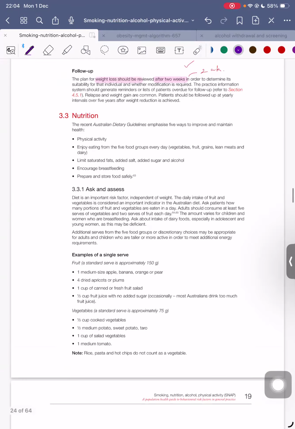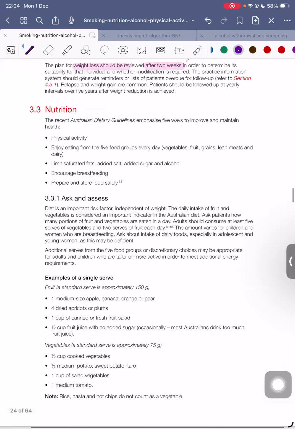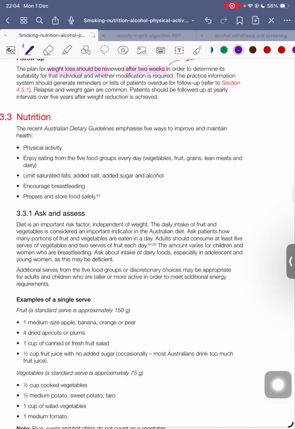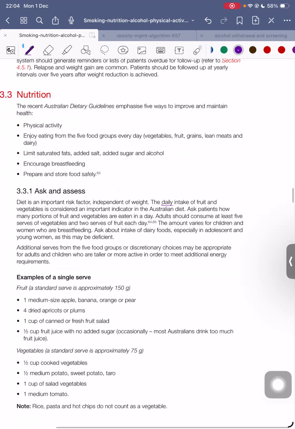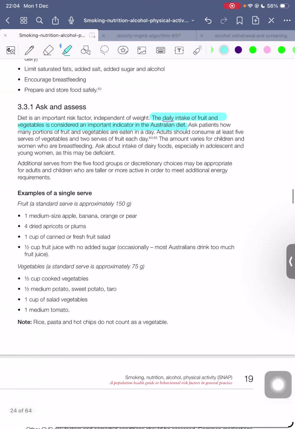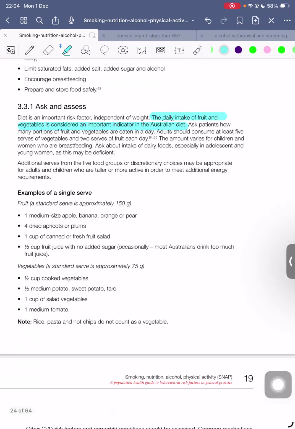First, we have to assess it, right? The daily intake of fruits and vegetables is considered an important part of diet. We all know, so we should assess it, right? So, an example of a single serve of fruits.